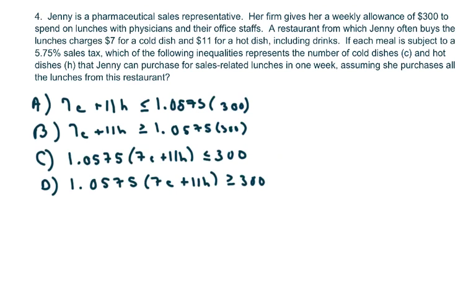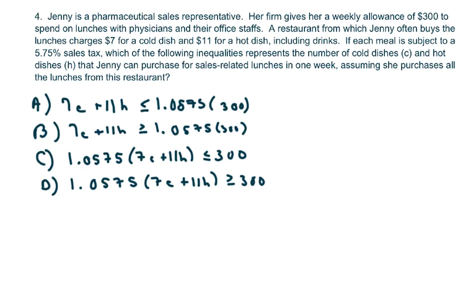All right. Now we have a pharmaceutical sales representative problem. Her firm gives her a weekly allowance of $300 to spend on lunches. A restaurant where Jenny buys the lunches charges $7 for a cold dish and $11 for a hot dish, which includes the drinks.